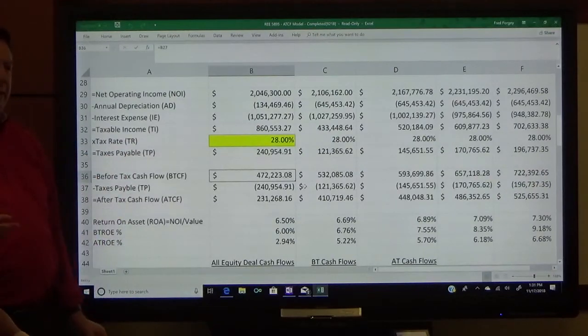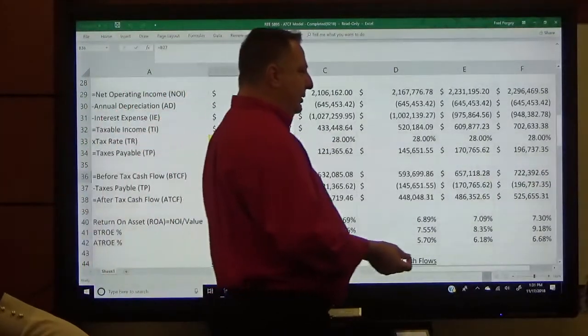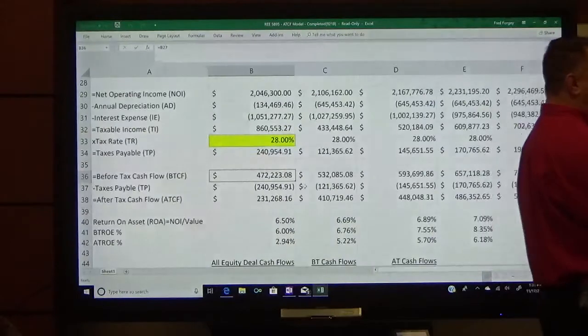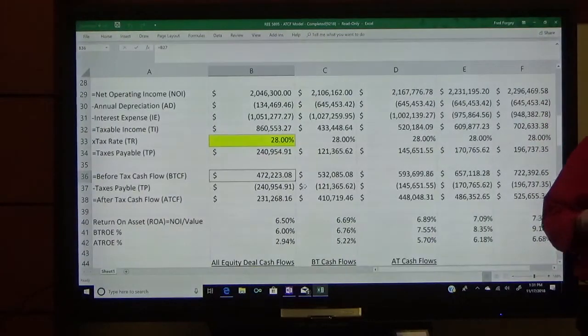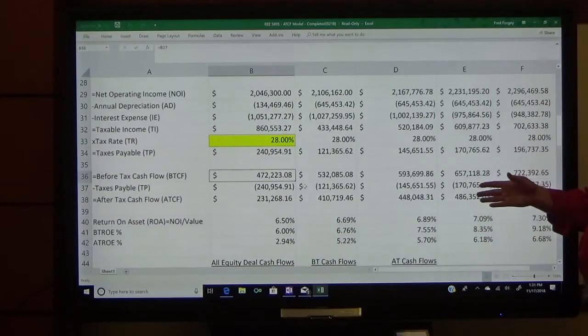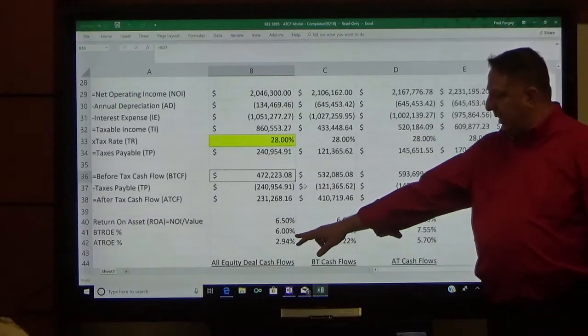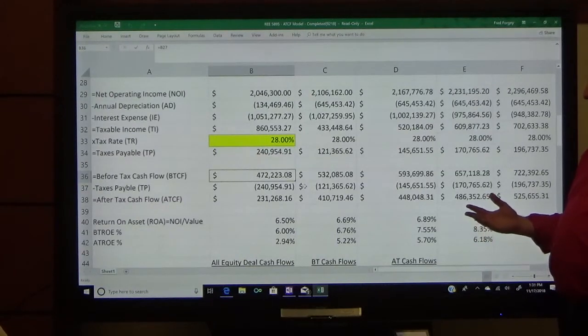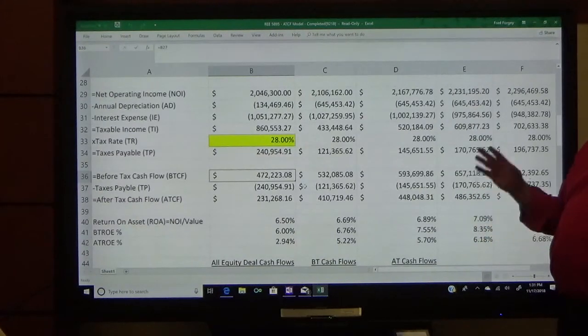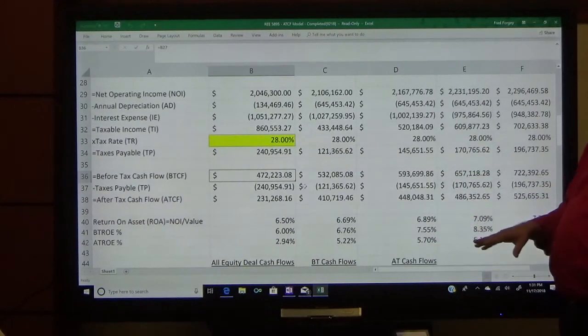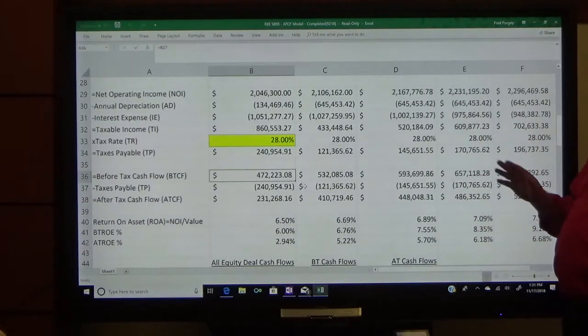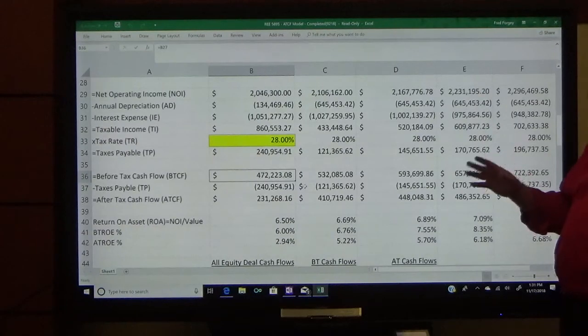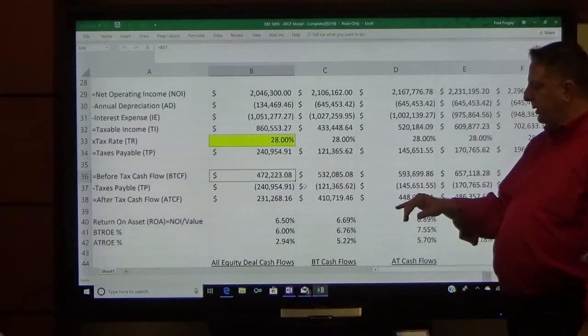So this is just simply telling us our rate of return based upon the equity that we have contributed to the property. Now, in this case, that return is less than our return on asset. And so what it's basically saying is that we're really not getting any leverage effect from the property for that first year, probably because we're not getting the full amount of the depreciation, so it's not juicing the return at all.